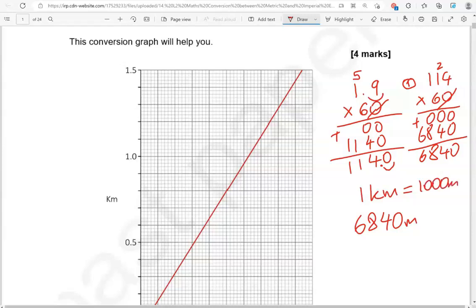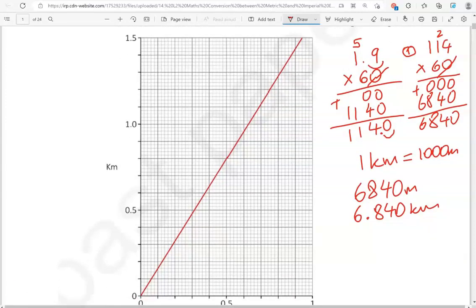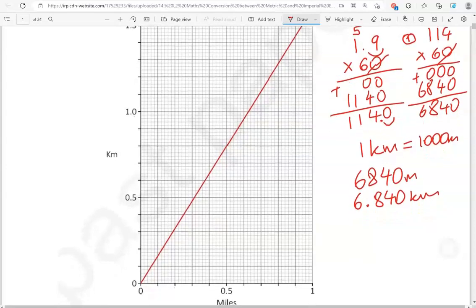So 6,840 meters will be about 7 kilometers. So more than 6. And that is 6.840 kilometers. So we place the decimal point after the 6. In other words, it's like dividing 6,840 by 1,000. So now we'll use the conversion graph to convert the kilometers into miles.